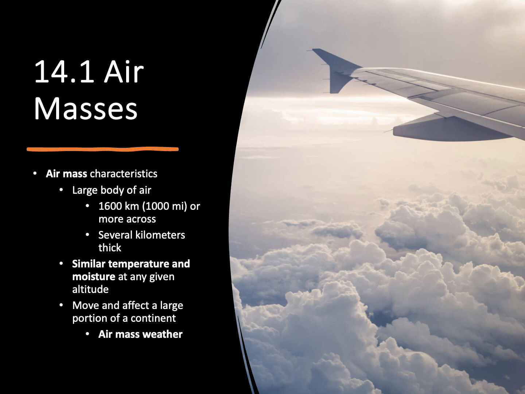But one of the cool things about air masses is that it doesn't matter the altitude of an air mass or how high you are above the ground. Within an air mass, the temperature and the humidity, the amount of moisture, remains the same at any altitude throughout that air mass. But when we have these air masses that are moving around and interacting with other ones, it's going to cause weather.